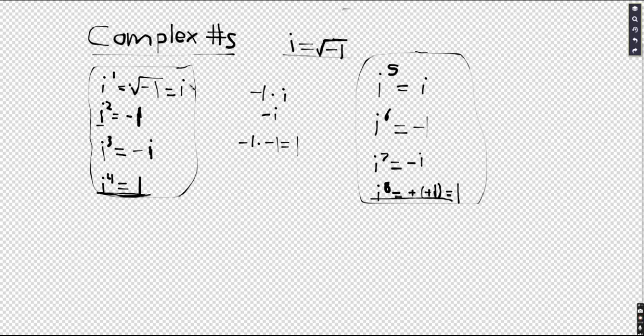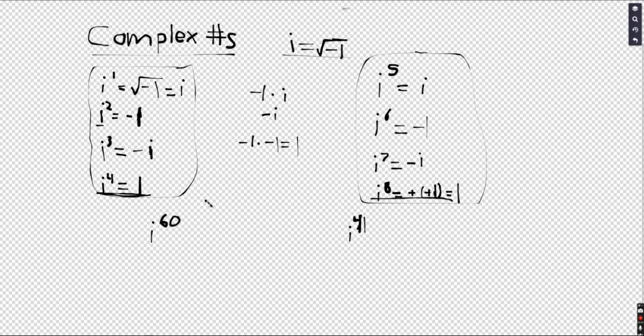Now that we know the powers of i form a cycle, let's try to figure them out, okay? So I'll give you 2 examples right here, i to the 60th and i to the 41st. So let's look at this. So i to the 60th, we know that if the power that i is raised to has a factor of 4, it's going to be equal to 1.